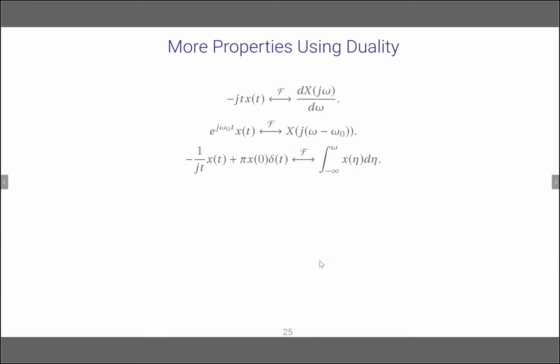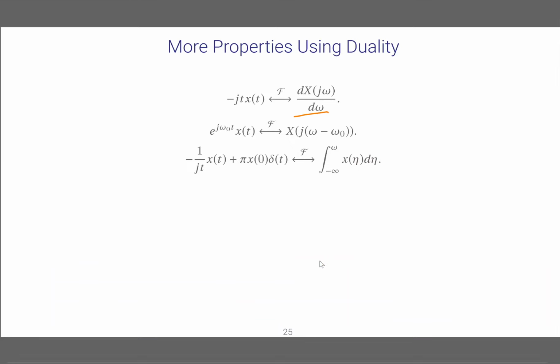So more properties using the duality. If we differentiate the Fourier transform, its time domain signal is minus jt x(t). If you take the frequency shift X(j omega minus omega naught), the corresponding time domain signal would be e to the power of j omega naught t x(t).